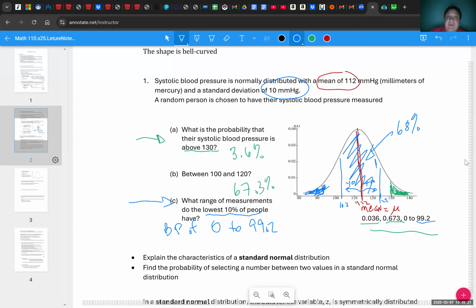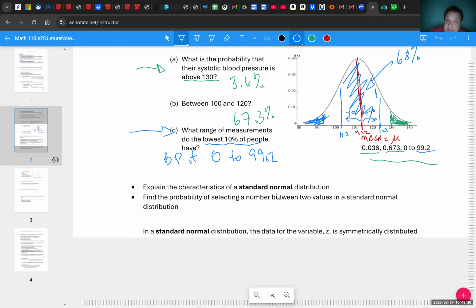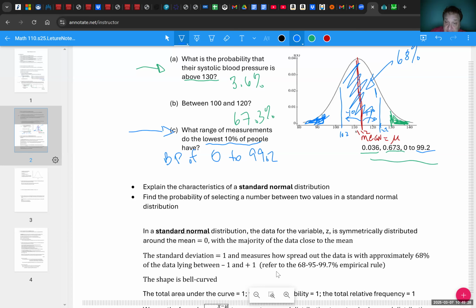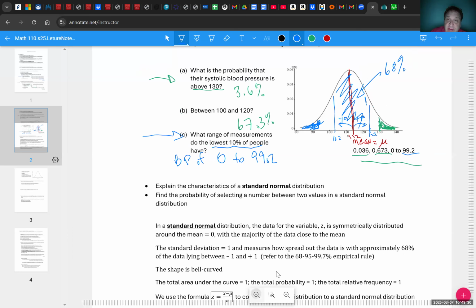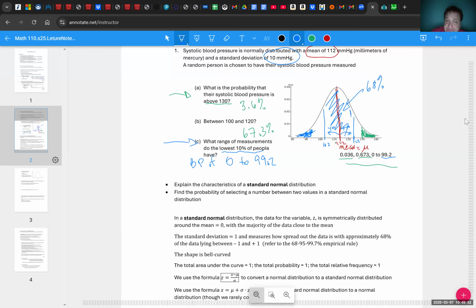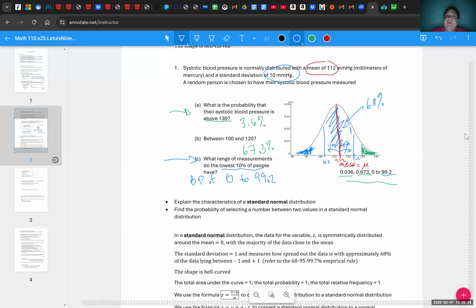All right, very much related to the normal distribution is our next distribution called the standard normal distribution. So for the standard normal distribution, I'm going to zoom out a little bit so we can compare the two of them. The standard normal distribution is very, very similar to just a regular normal distribution.